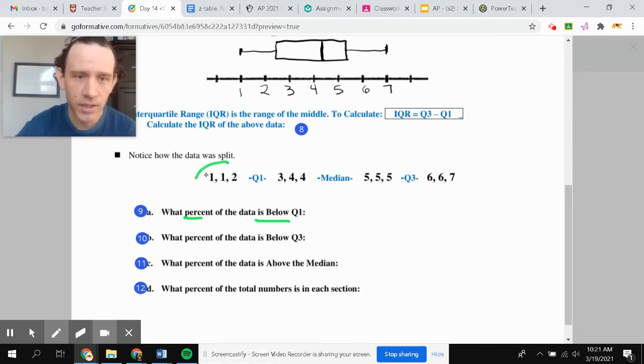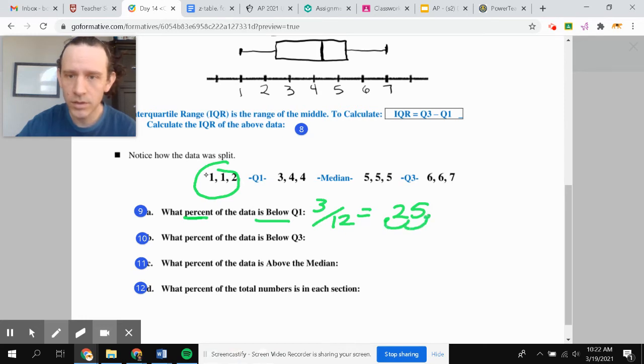I've got 3 that are below divided by the total, which is 12. And that gets me 0.25, which if we convert to a percent, that equals 25%. So number 9 here is 25%.